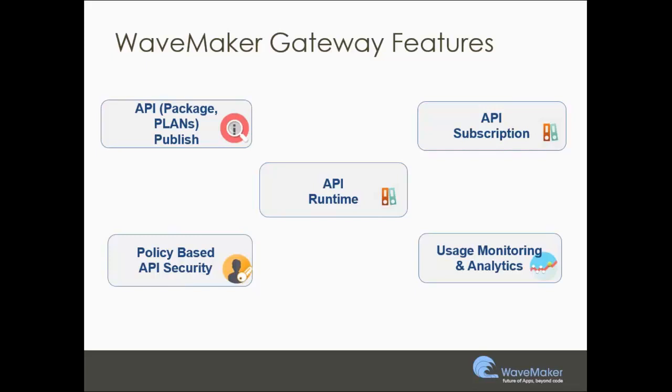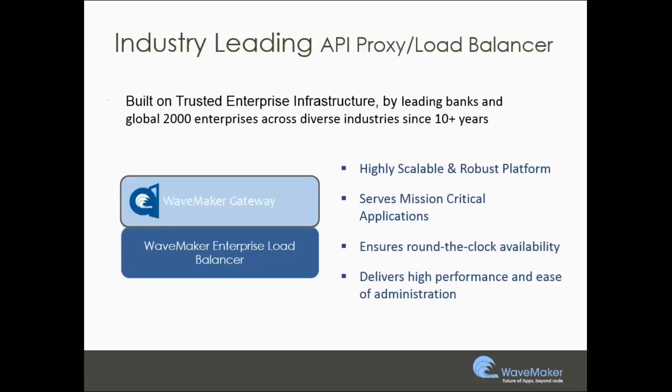A very high performant runtime, which is a key critical aspect of an API management product, which can allow for high throughput and low latency in case of high volume scenarios, and then being able to provide a subscription option and real-time monitoring and dashboard option. So we'll talk about these now.